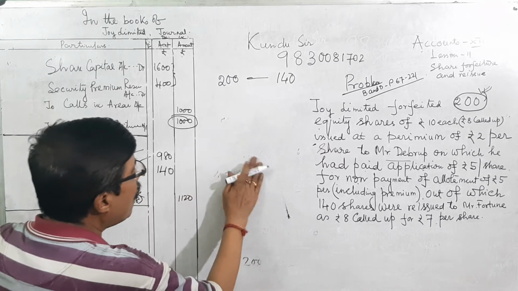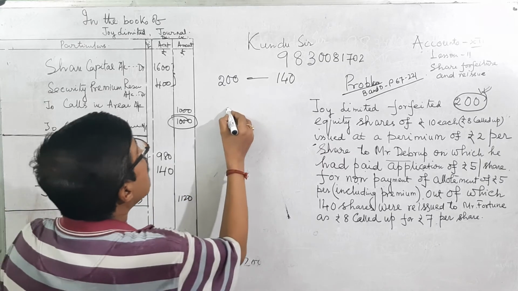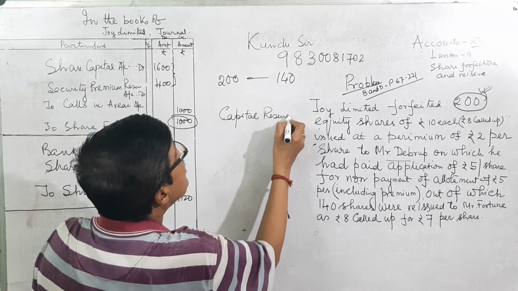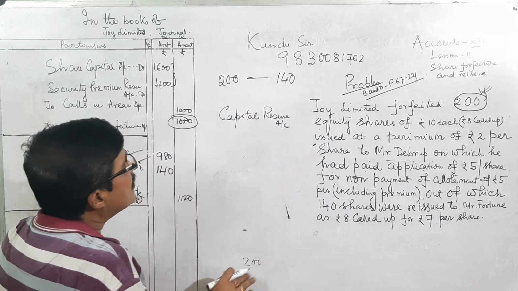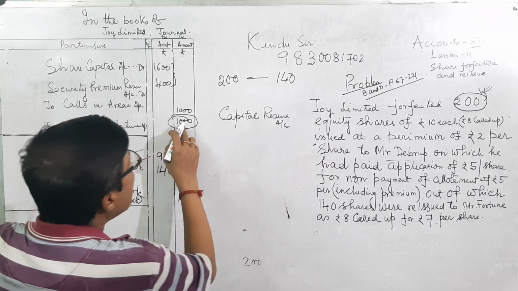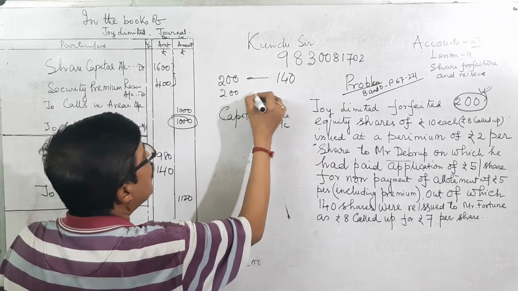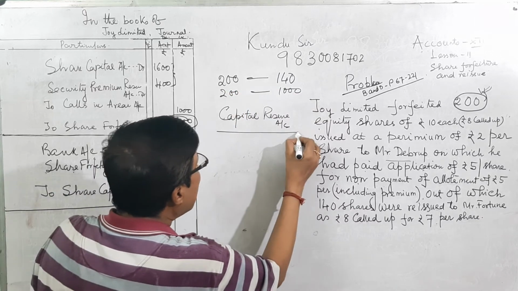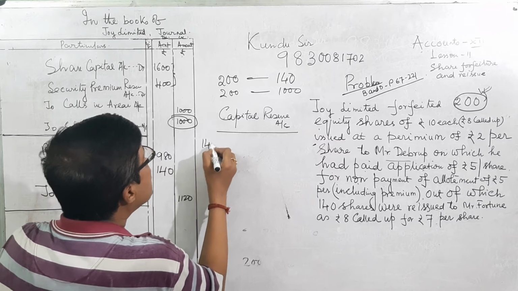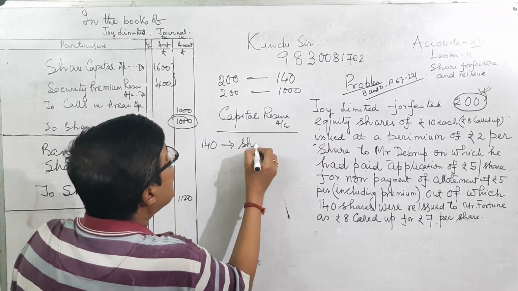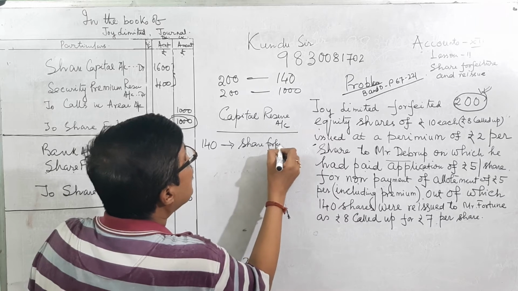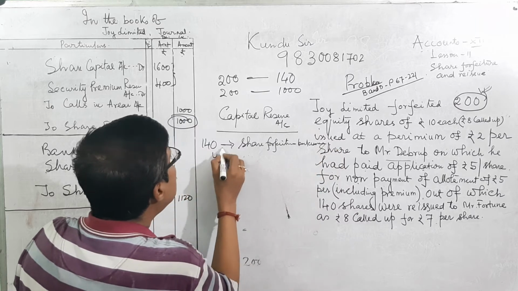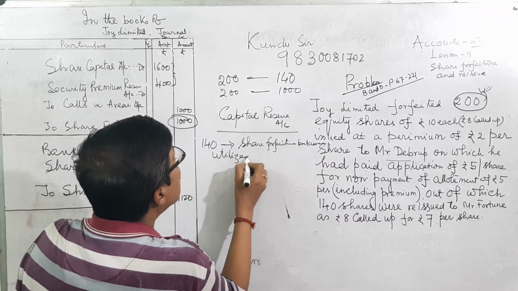So now calculation of capital reserve account. The share forfeiture balance utilized: how much?